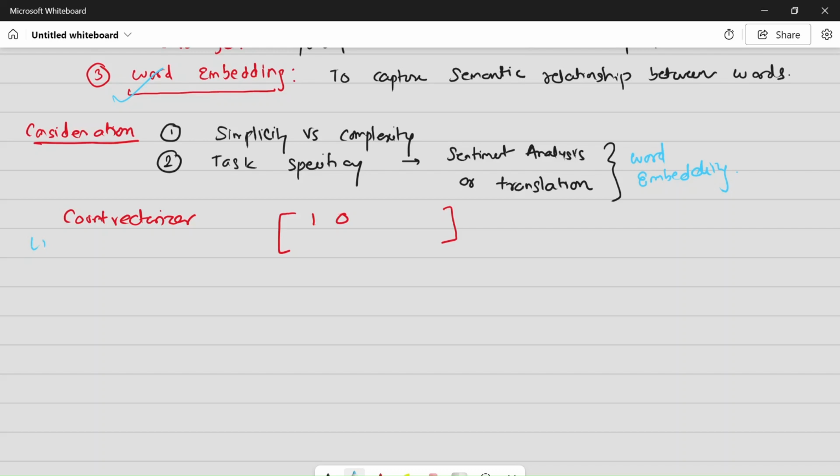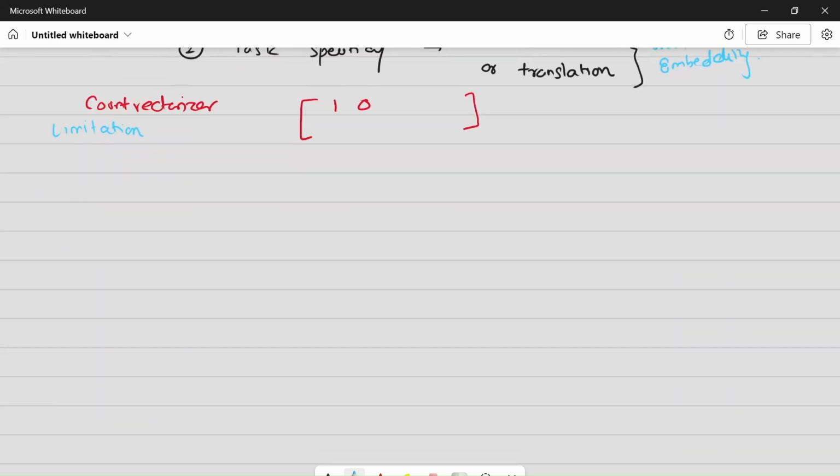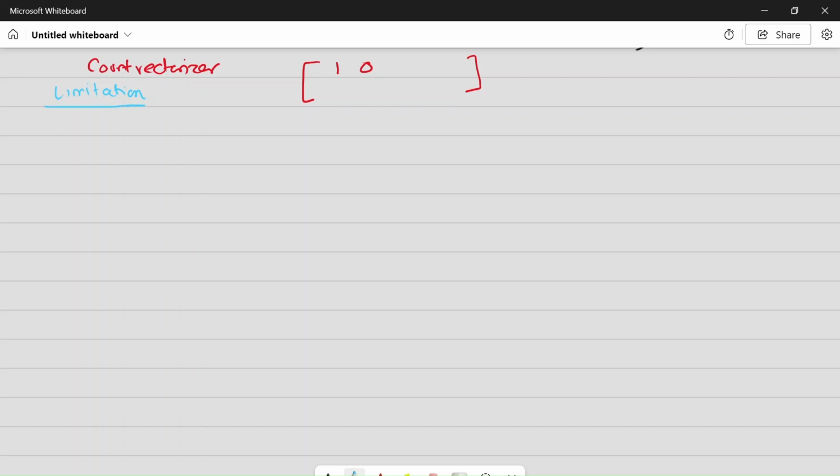The first limitation: it ignores the order and the semantics. As you saw in the previous code, it doesn't care what the order is, what the semantics are. It ignores that completely.